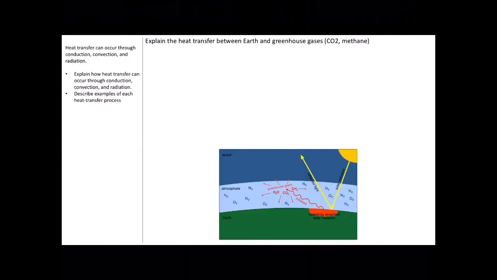Another example of thermal radiation that you might have to explain is the heat transfer between the Earth and greenhouse gases in the atmosphere, so carbon dioxide and methane.